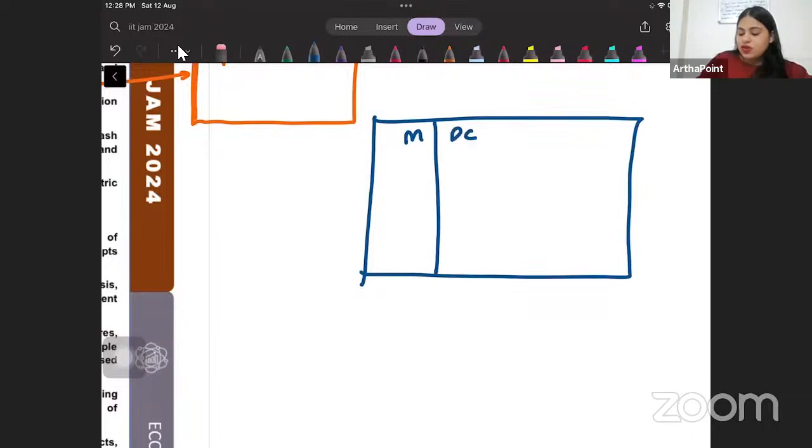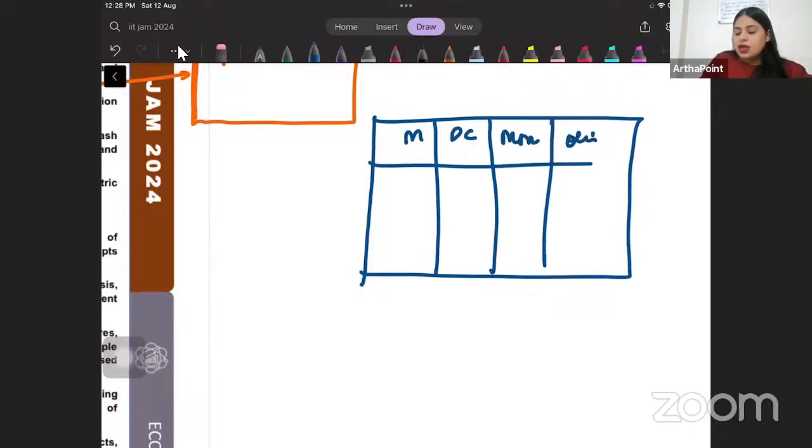Monopoly, perfect competition, monopolistic, oligopoly. And हर चीज जो भी इनके फीचर्स हो सकते हैं, उनपे इनको डिस्टिंग्विश करो. जैसे फॉर एग्जांपल प्राइस डिटर्मिनेशन. Can monopoly decide its own price? Can perfect competition decide its own price? Is it a price taker or a price maker? ये बना दिया first.